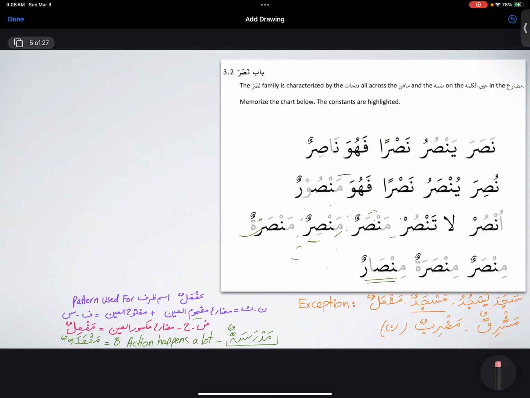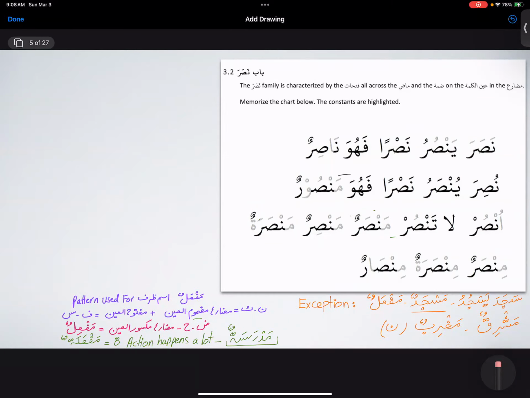There are some exceptions, right? So we need to always be ready for the exceptions. So the exception is sajada yasjudu, right? So what bab is it? Nasara yansuru, right?